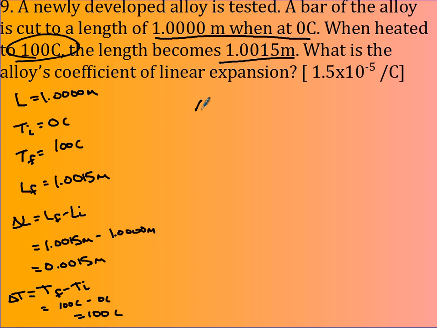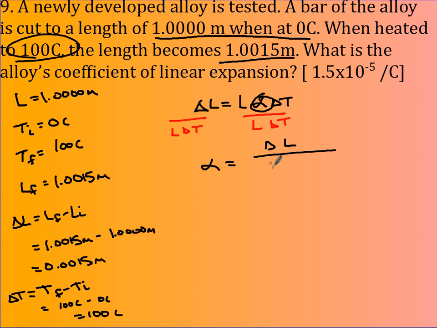Delta L is initial length, alpha, delta T. Now I'm solving for alpha, so I'm going to divide both sides through by L delta T. So my coefficient of linear expansion is the change in length divided by L delta T.